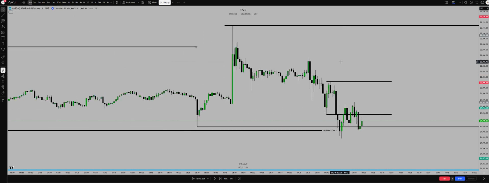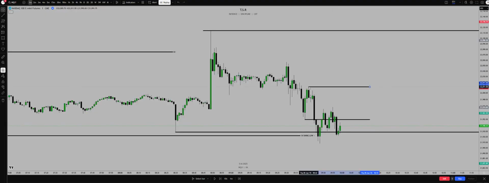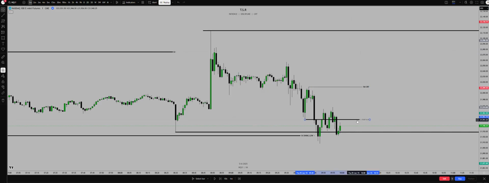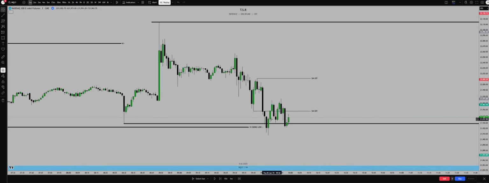Okay, let's make this a thin line here and actually mark it out so you don't get confused. 5M CRT. And the 5-minute CRT low.